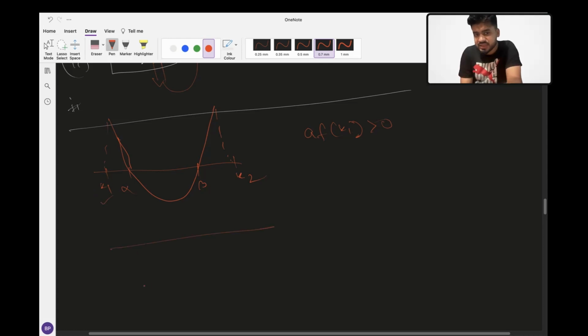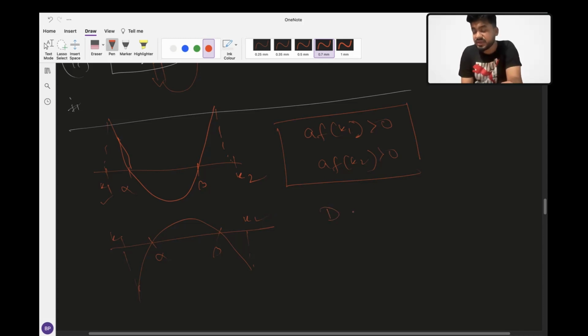We can also draw this kind of graph. Here also we get the same thing: f of k1 is negative, but a is also negative, so a f of k1 will be positive. And for a f of k2, what can we say? Yes, it is greater than both the roots, so in this case also it will be greater than 0. Can you comment about D?